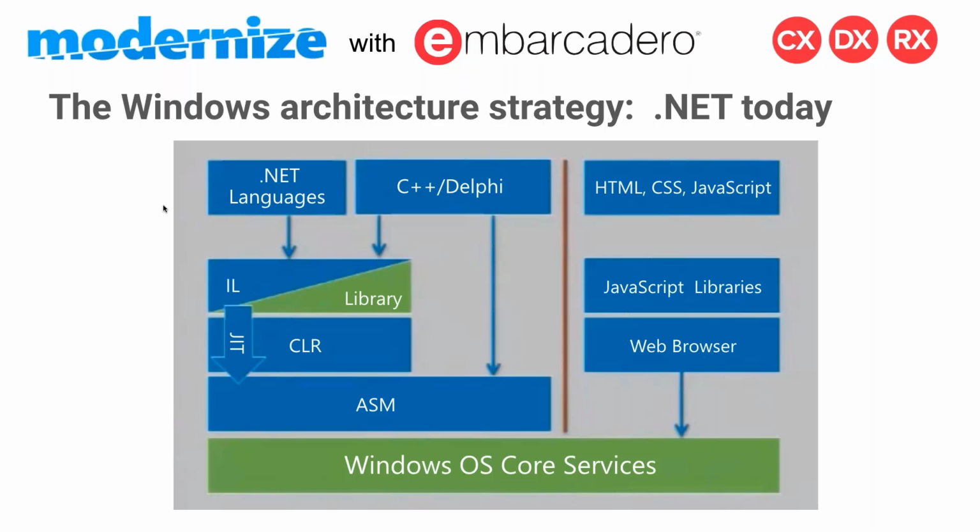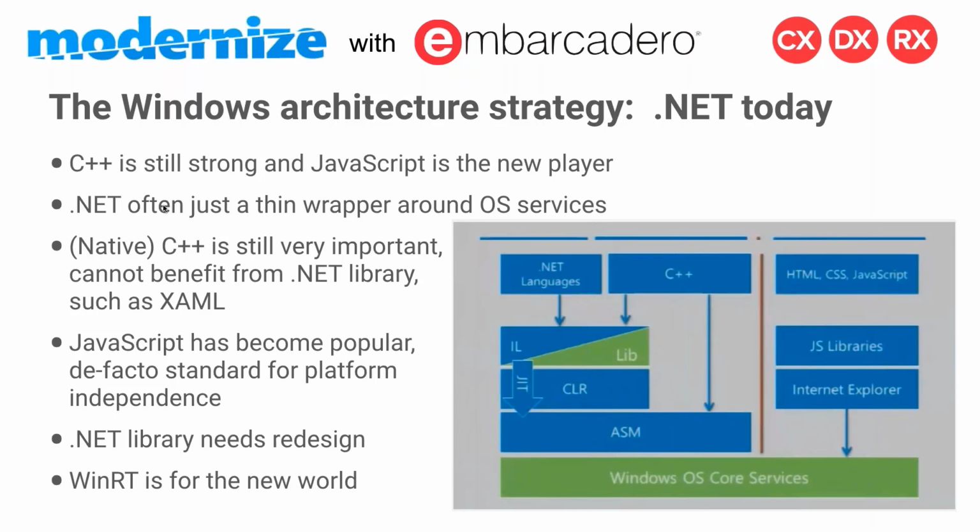But nowadays, yes, we cannot deny that .NET has some success and has been embraced by a lot of corporations and companies, but it wasn't exactly what they meant it to be, because we still have native compilers, C++, Delphi, but at the same time, we have new players. So C++ is still strong, and JavaScript is the new player, which was not considered at the beginning.